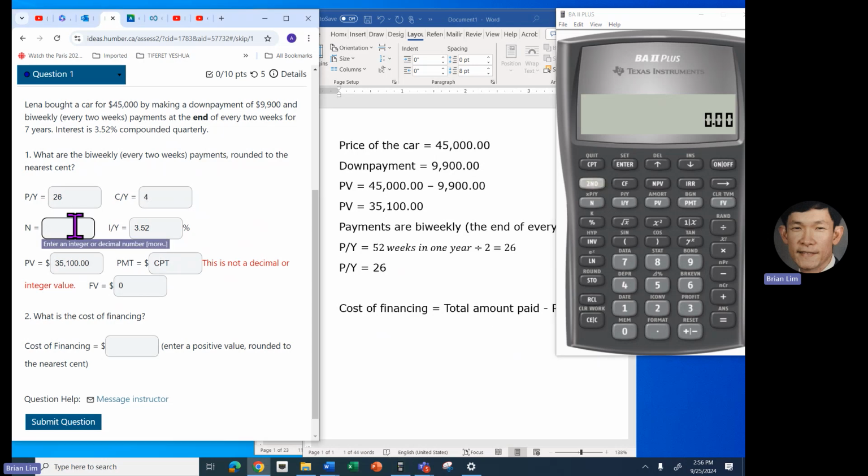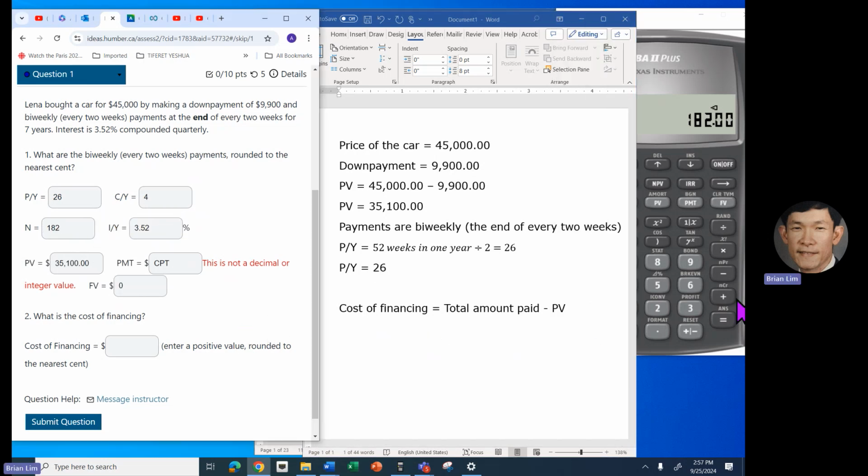Now we'd like to put in the value for N. For that, we need the number of years, which in this case is 7 years. So 7, second N, that multiplies by PY, which is 26. So 7 times 26 gives us 182. Then we click on N to enter it into the value for N. That is what we will put into this answer box, 182.